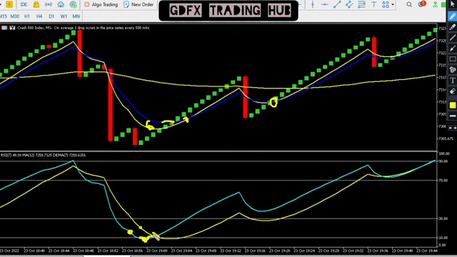As it touches the 10 levels and fights to come across this place, you have the opportunity. Once this has crossed and touched 10 and crossed the yellow line, it is a very good opportunity for you to enter your trade.